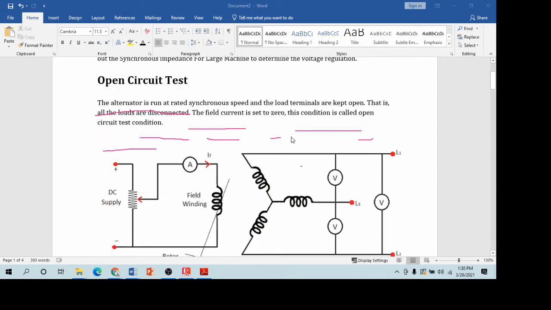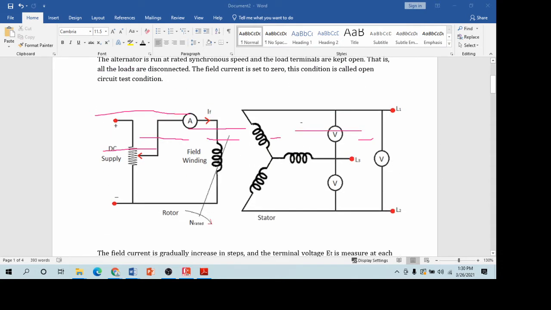As you can see in the diagram, this is the supply, and this symbol represents that the supply can be adjusted.